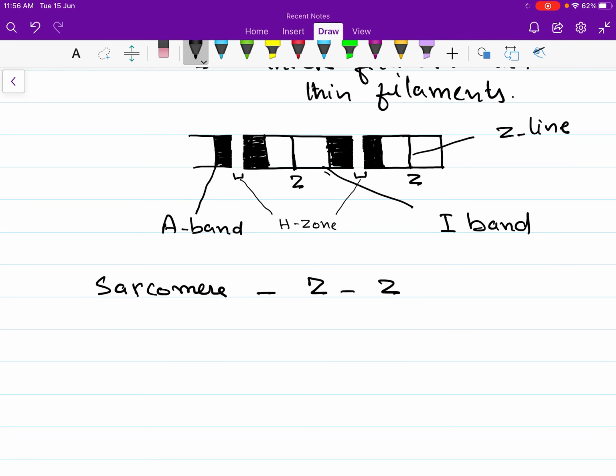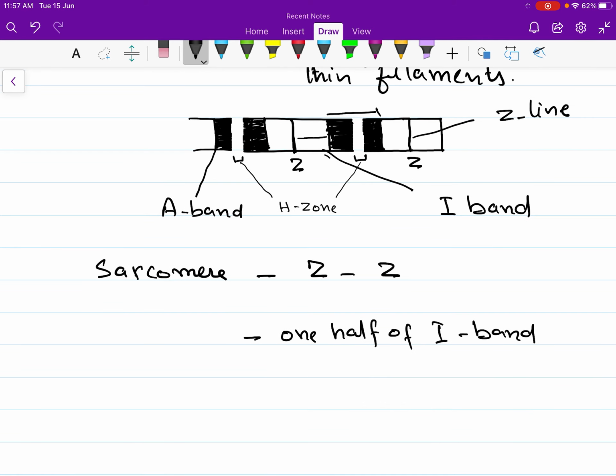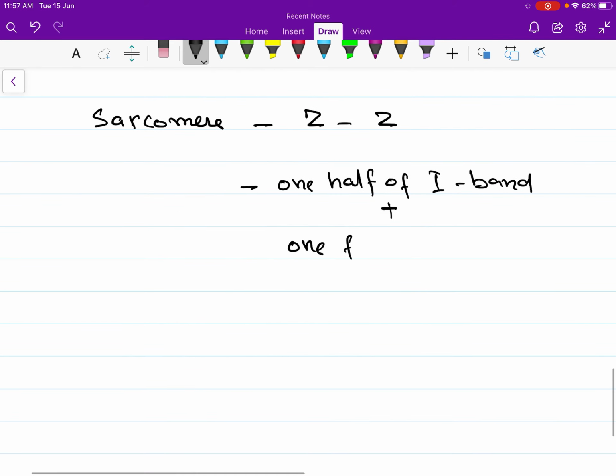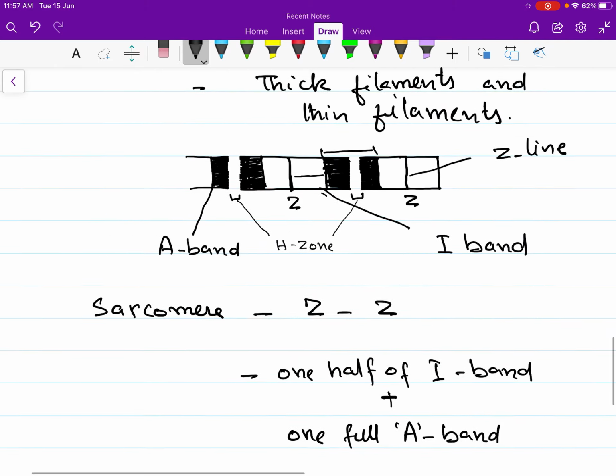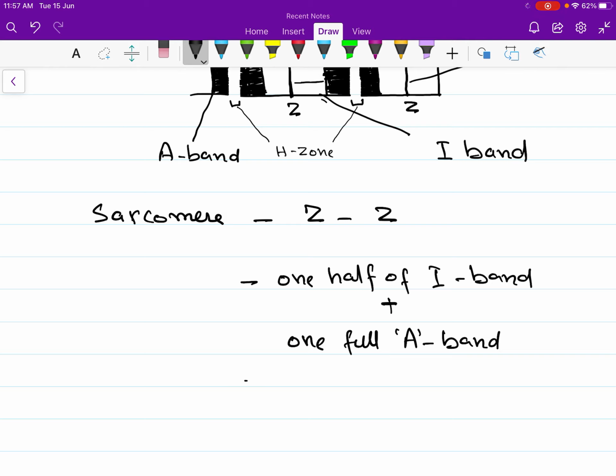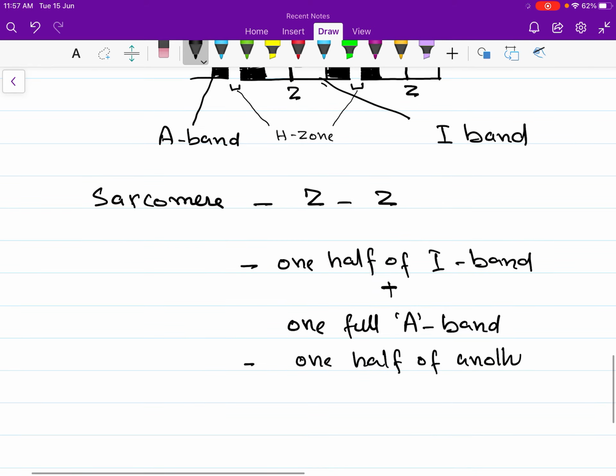You can see in the diagram, it will be formed of half of an I band, then one full A band, and third, half of another I band.